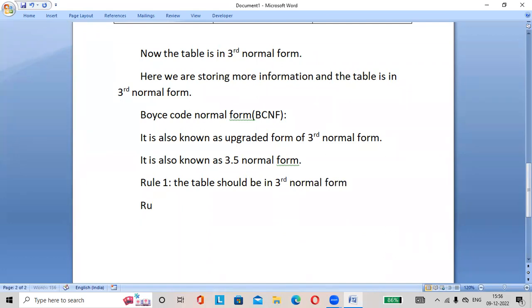Next, rule number 2: a non-prime attribute deriving a prime attribute. BCNF does not allow this behavior.